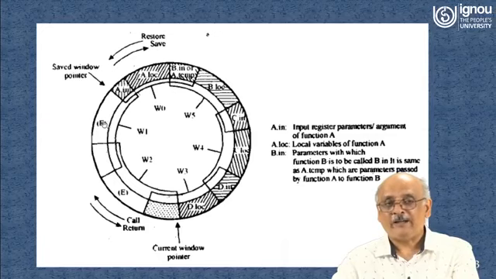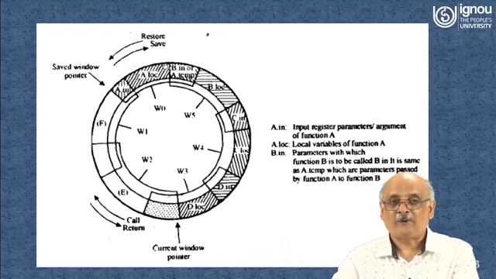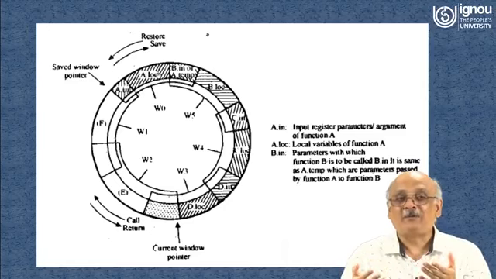Now if F is to be called, the A in as well as the local variables need to be stored into the memory, right? And only then F will start to execute. So it will require some time for execution in that particular sense. But that is how it works, right?